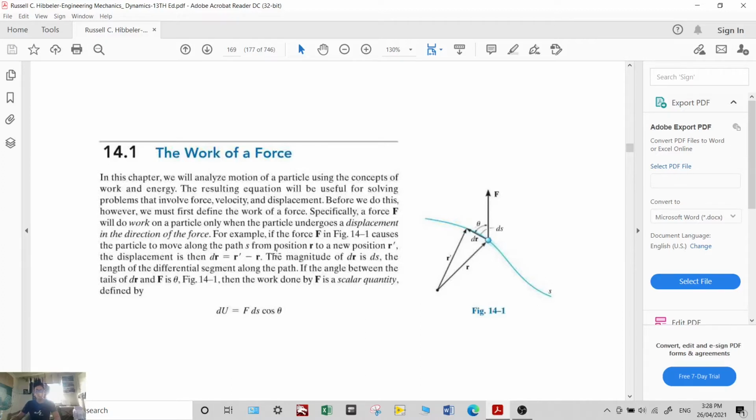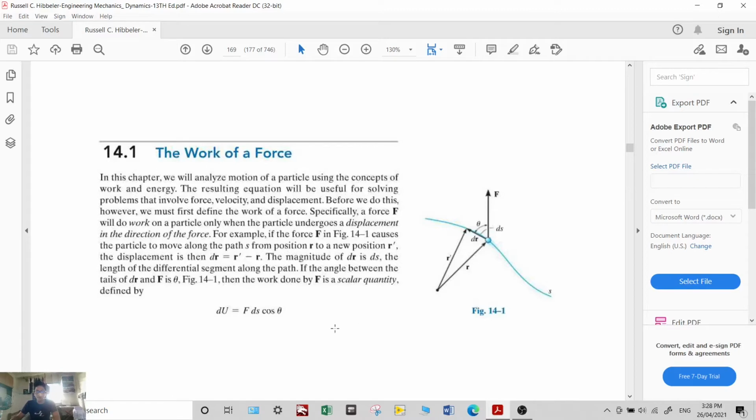So the displacement is just R prime minus R. The magnitude of this vector dr, which is this displacement, is just ds, or the arc length from R to R prime.